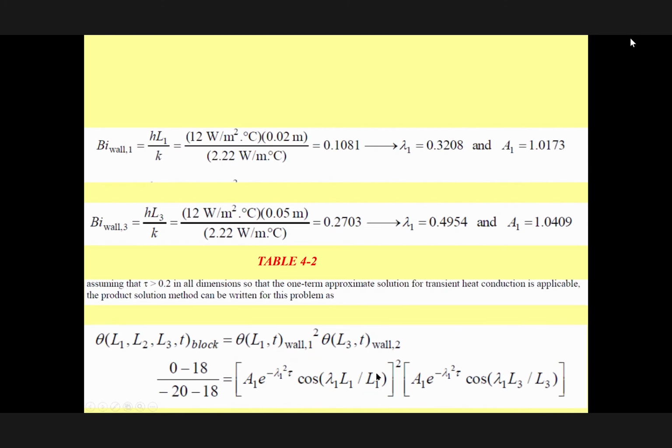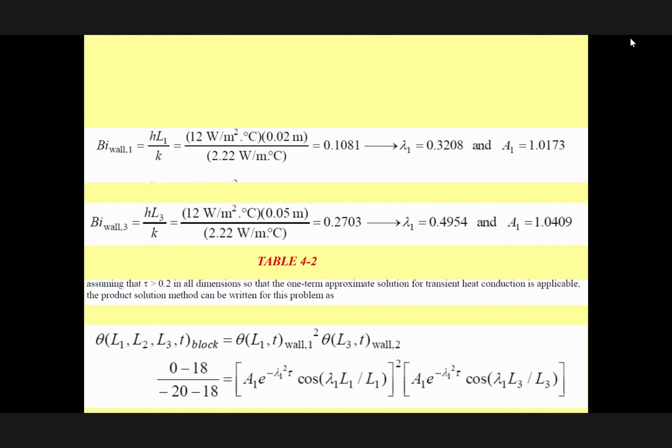Sir, explanation? Yes, sir. Can you just remind me what example number that is? The problem is from your chapter 4. Chapter 4, with a 3D wall? 3D, what do you mean? 3D wall.